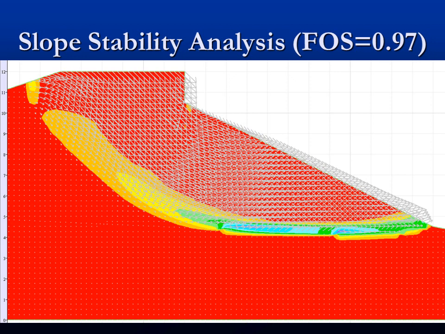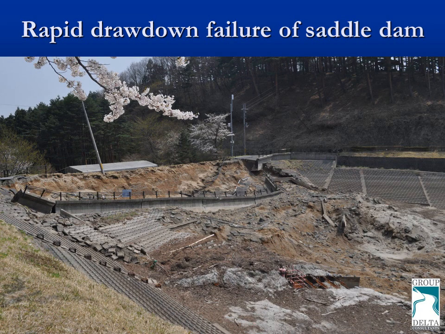The arrows show the direction of movement for the critical mode of failure that has this very low factor of safety. This rapid drawdown mode of failure is the likely mode of failure for the saddle dam that you see in this picture here.